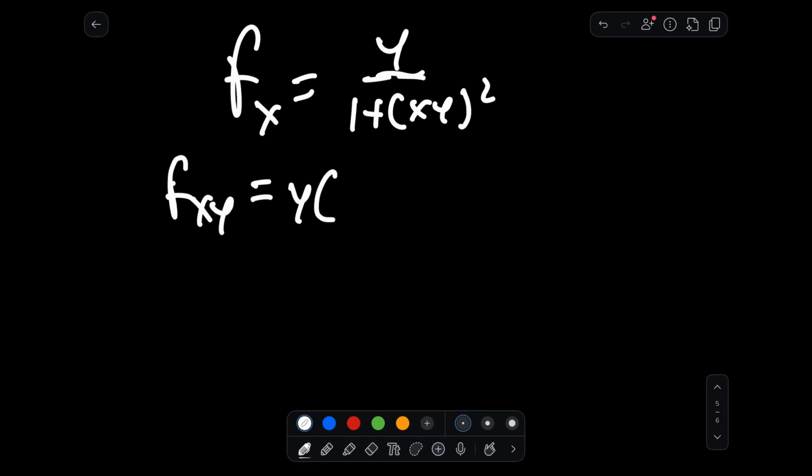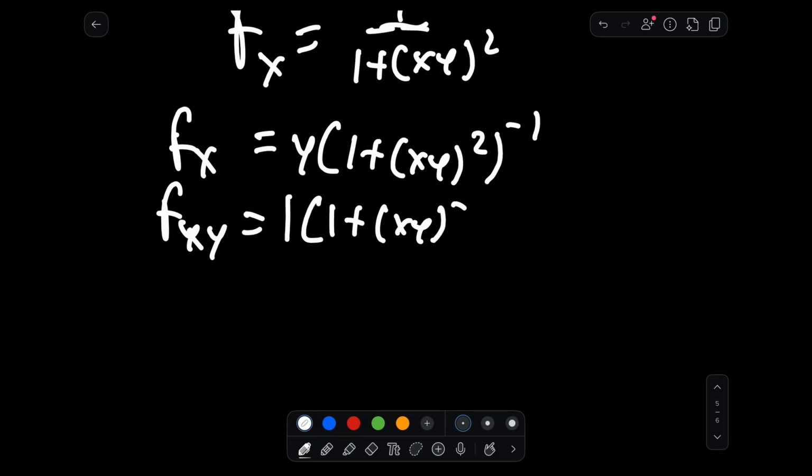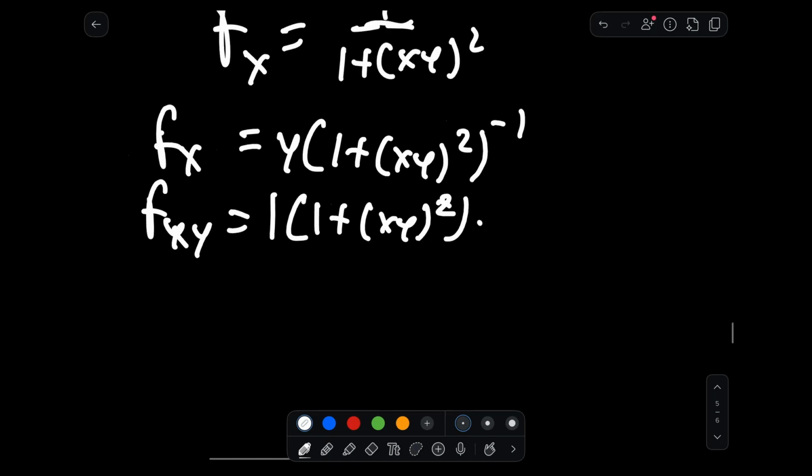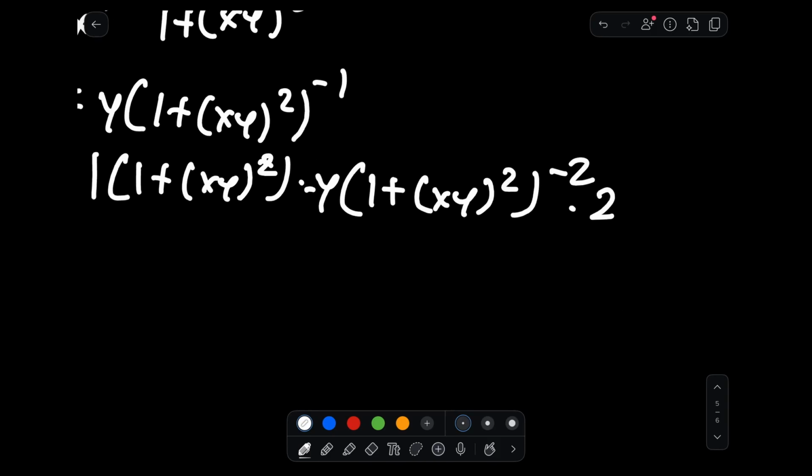We can rewrite this as y times 1 plus, not f of xy, it's f prime, f sub x still. And then now we can get to f sub xy equals 1 times y, negative y, 1 plus xy squared to the negative 2 times 2xy squared.